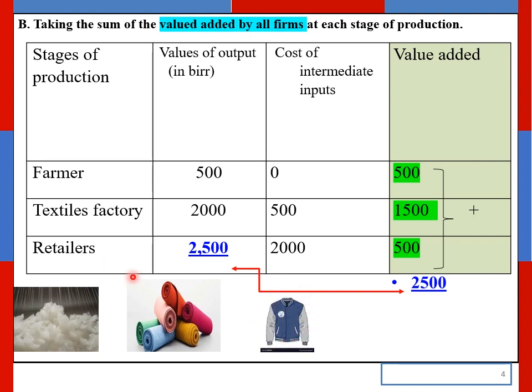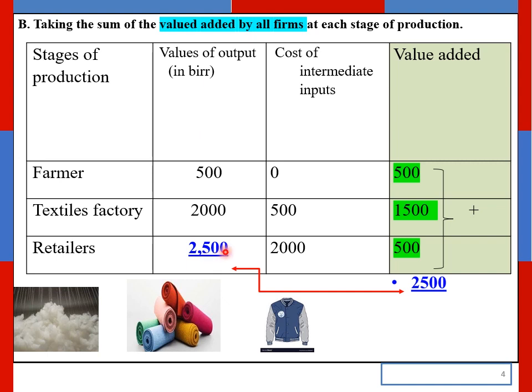The retailer converts these clothes into the jacket here. So initially the farmer sells the cotton for 500, and the textile factory sells the clothes for 2000, and the final jacket is sold for 2500.